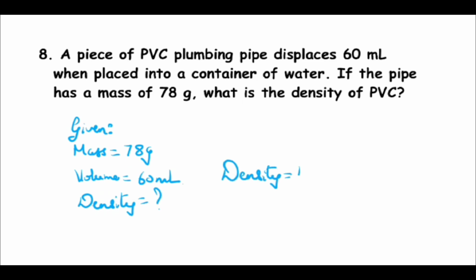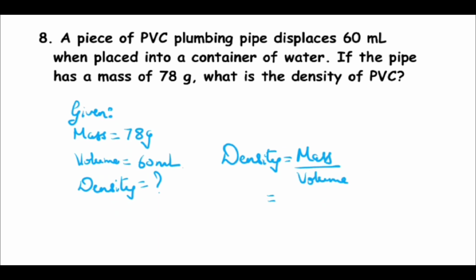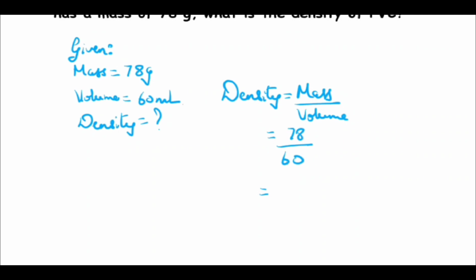Density is equal to mass upon volume, which is equal to mass is 78, volume 60. 78 divided by 60 is equal to 1.3 grams per ml.